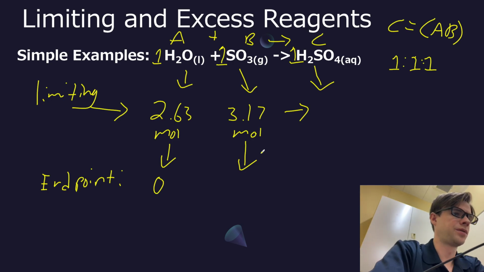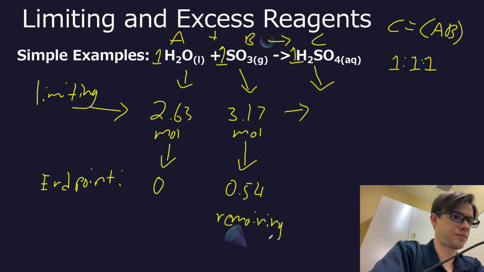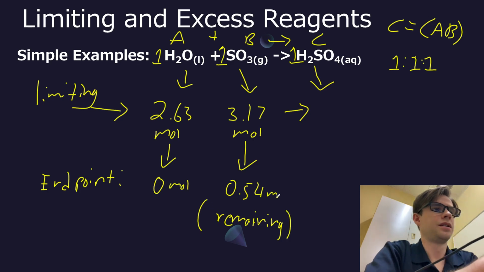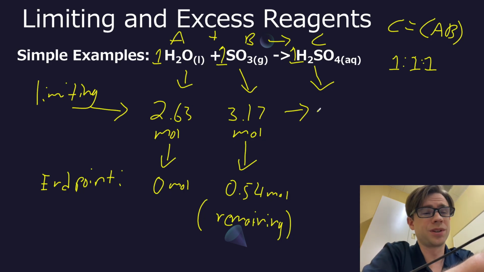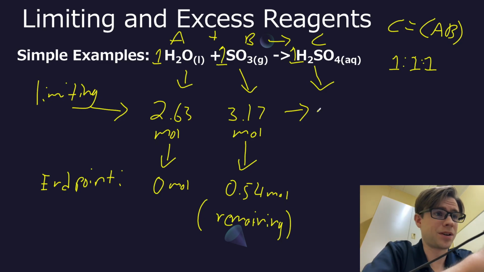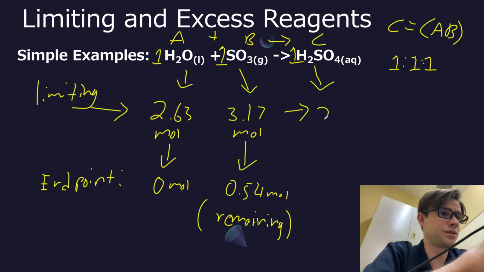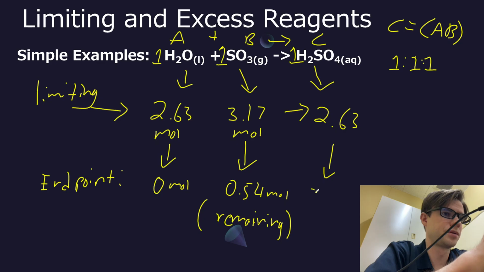We'll have 0.54 remaining. And our products will be able to produce equal amounts to the limiting reagent, okay? That's a key point about this. The amount of product is always linked to the limiting reagent, and they have a 1-to-1 ratio, so this will be 2.63. We'll finish with 2.63 mole.